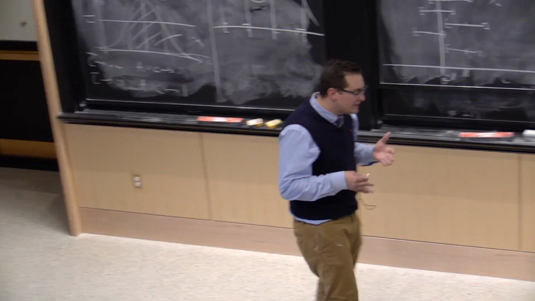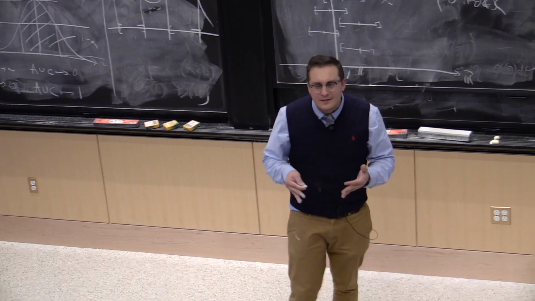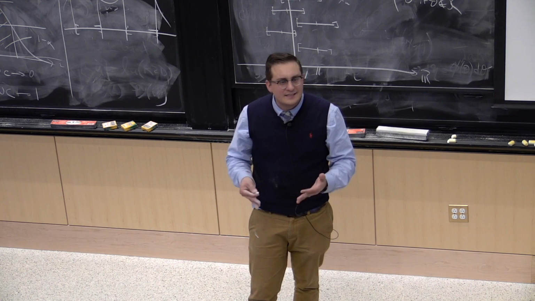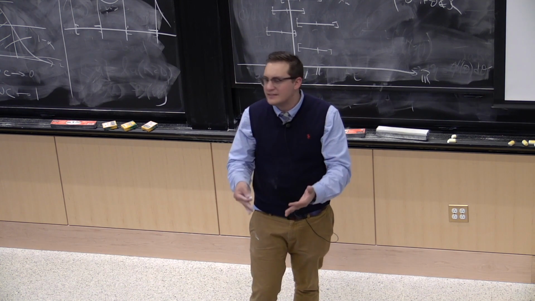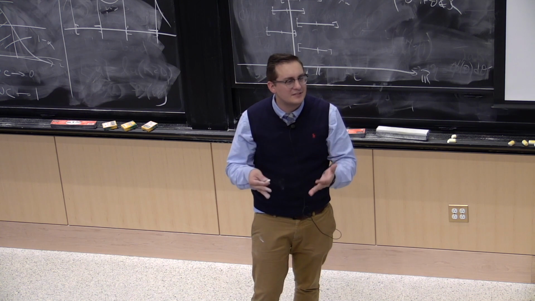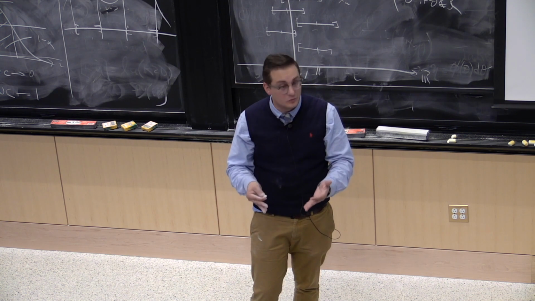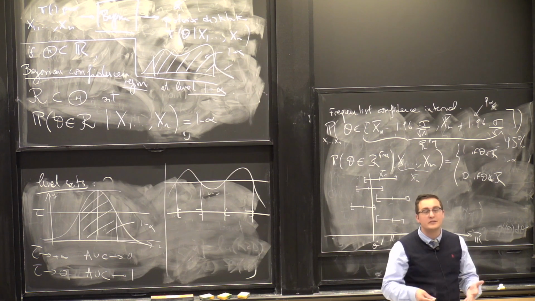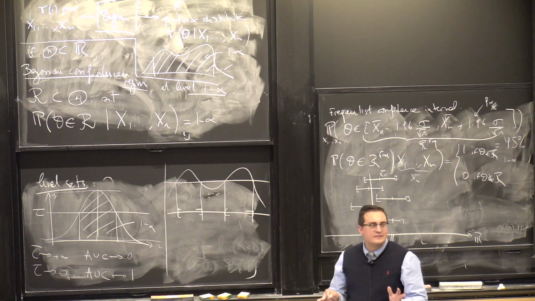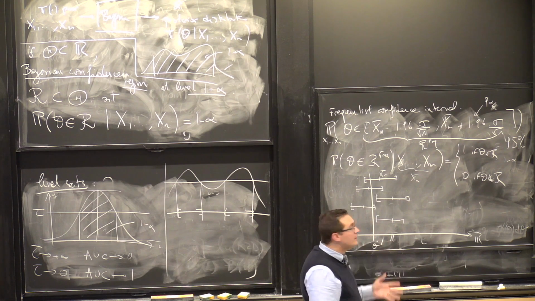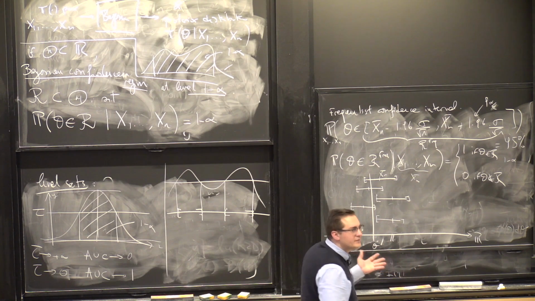So it's not something that assesses the confidence of your decision, such as whether theta is in there or not. It's something that assesses the confidence you have in the method that you're using. If you were to repeat it over and over, it would be 95% of the time correct, right? So for example, we know that we could build a test.